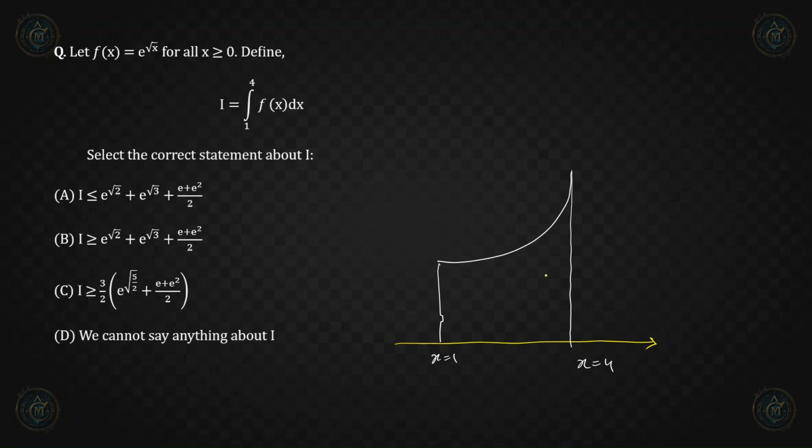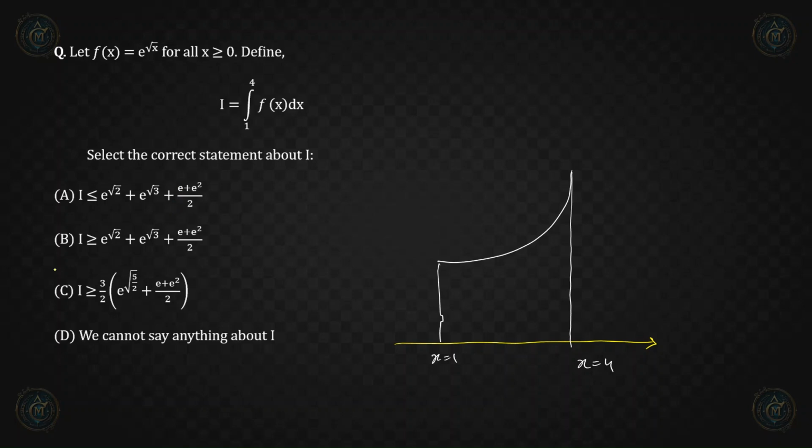So we have to decide how many intervals we should take. Here we can see these values, right? e to the power root 2, e to the power root 3, then e to the power 2 we can write as e to the power root 4, and e to the power 1 we can write as e to the power root 1. So basically they are the functional values at the points x equal to 1, x equal to 2, x equal to 3 and x equal to 4.